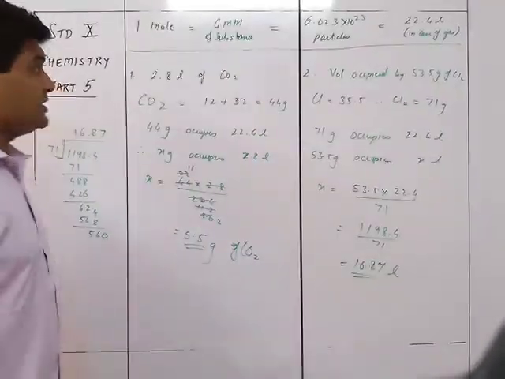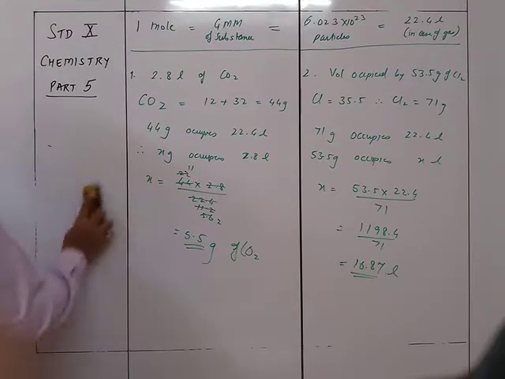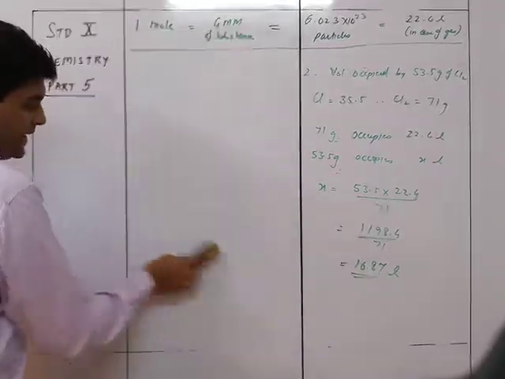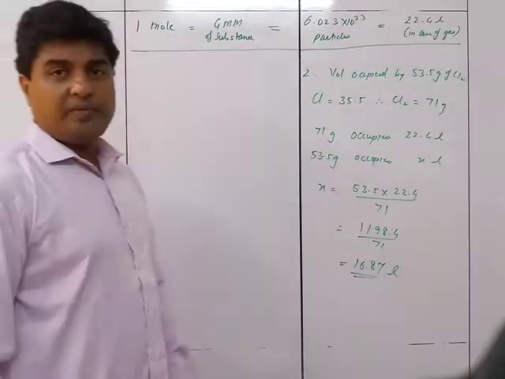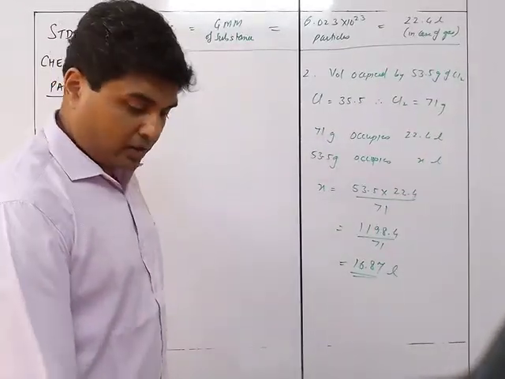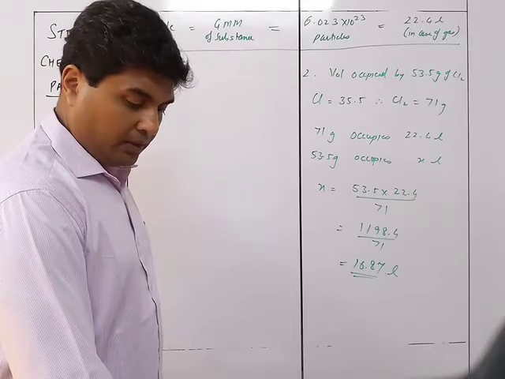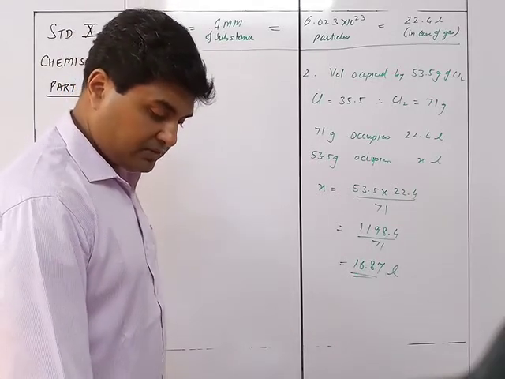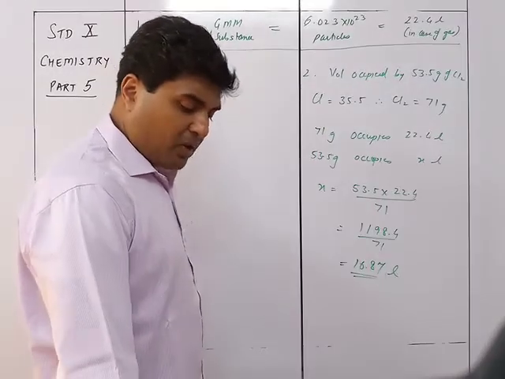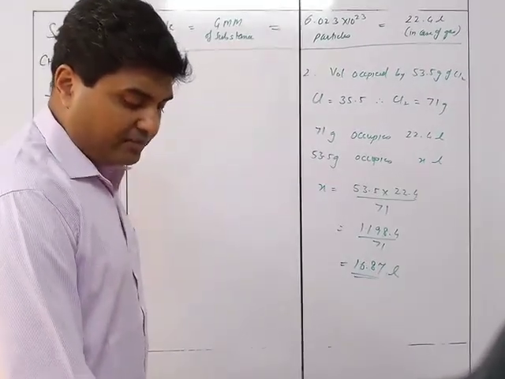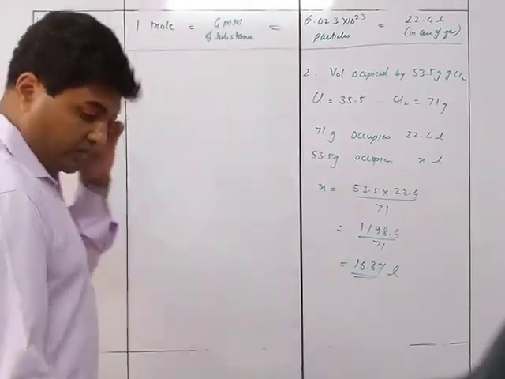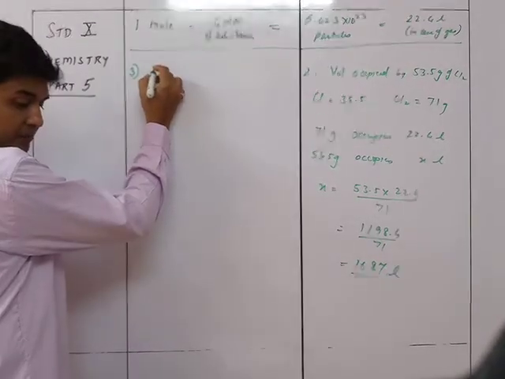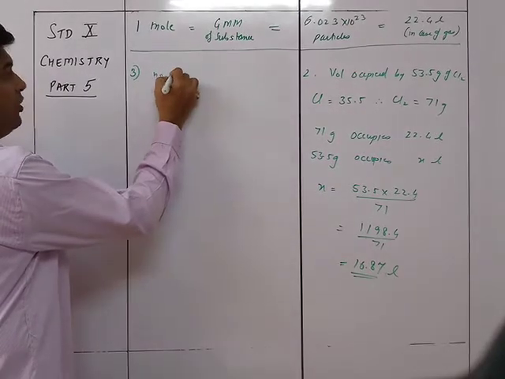We now move on to the third sum. The irony here is that this question will be only of 1 or 2 marks, not a 3 or 4 mark question, yet you need to do certain calculations even for some small silly thing. The number of molecules in 109.5 grams of HCl.